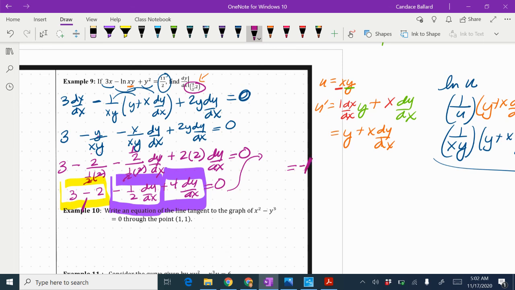The dy dx's I could combine like terms. I'm going to change that 4 to an 8 halves. So I have negative 1/2 plus 8 halves would be 7 halves dy dx. And now I need to get this 7 halves to the other side, so I multiply by the reciprocal, 2/7. So I get that dy dx equals negative 2/7.